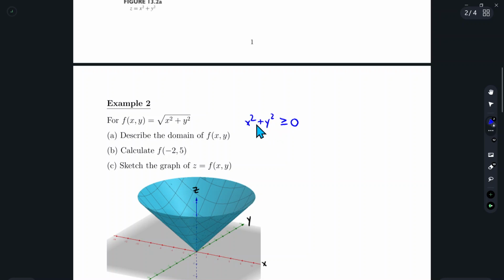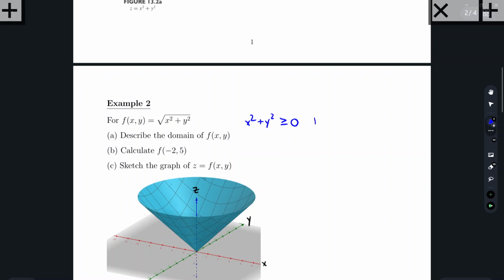However, if we look at this expression, x squared can never be negative, and y squared can also never be negative, because you're squaring it. When you add two non-negative numbers, the whole thing is also non-negative. So automatically x squared plus y squared is always greater than or equal to 0 for every real number x and y.